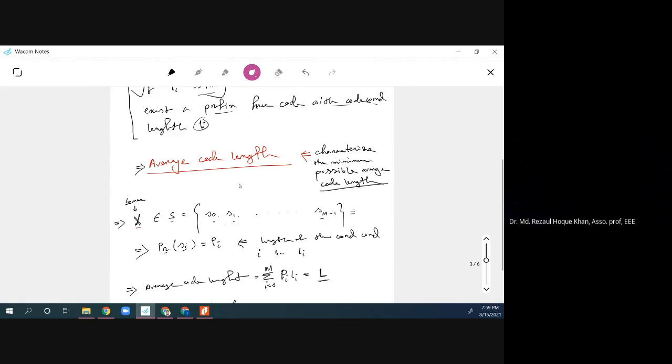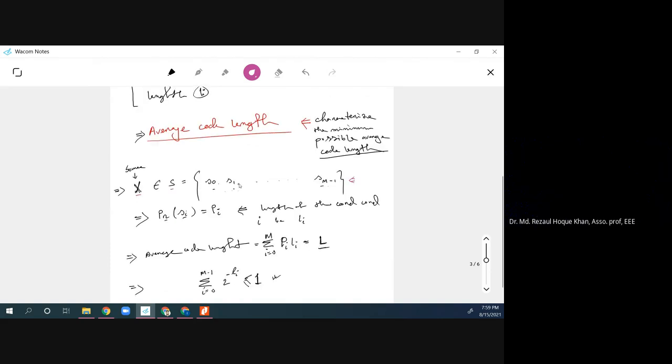We have written this equation before. Let's see what other formulas we found in our previous class. The probability of Si is denoted by Pi, and the length of the code word i is Li, the length of the code word.